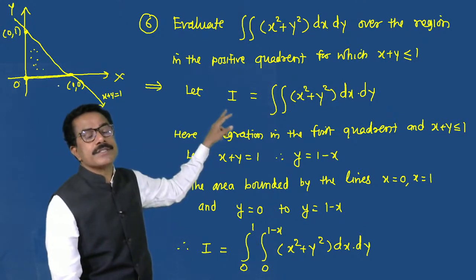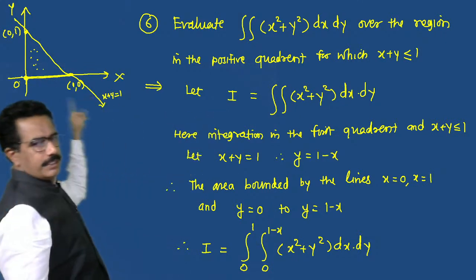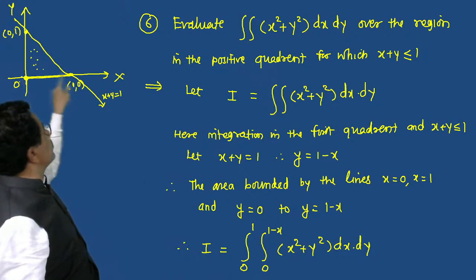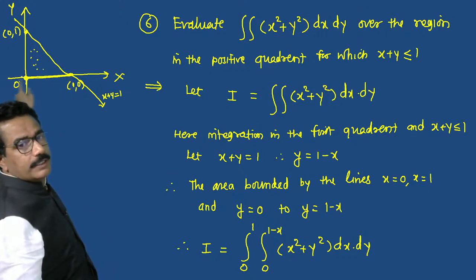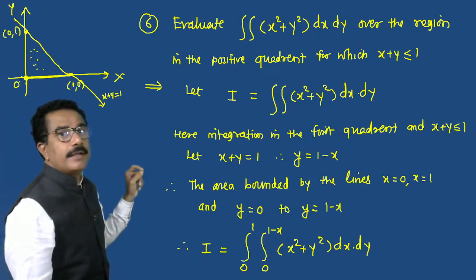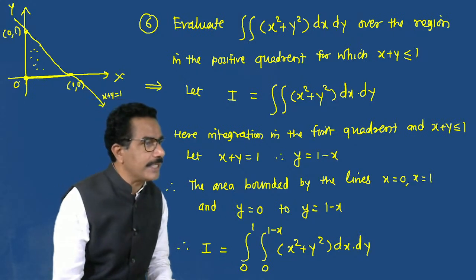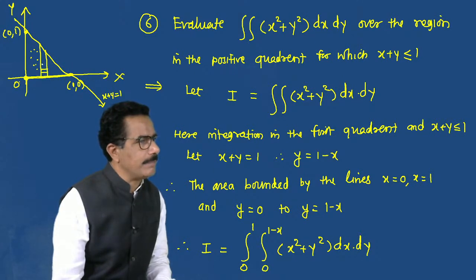These are the limits for the first integral, 0 to 1. To calculate this limit, if we take the vertical strip, now we have to take the vertical strip. This is a vertical strip.